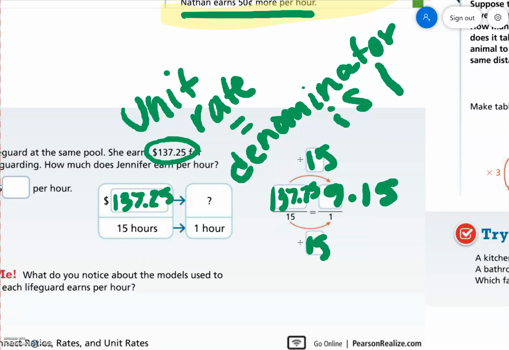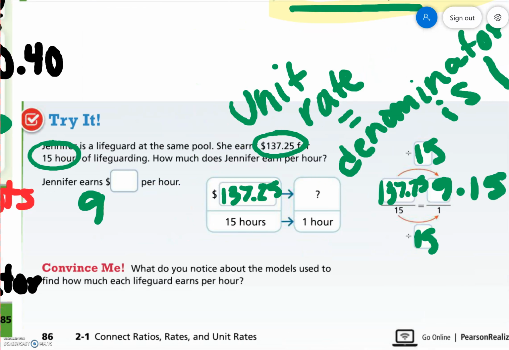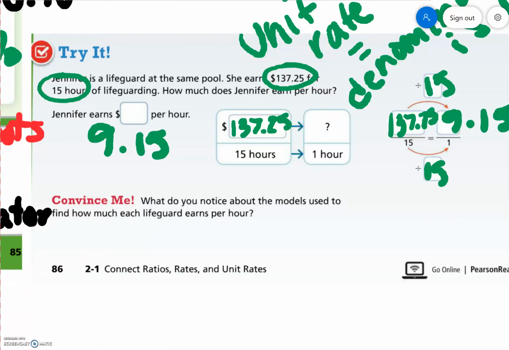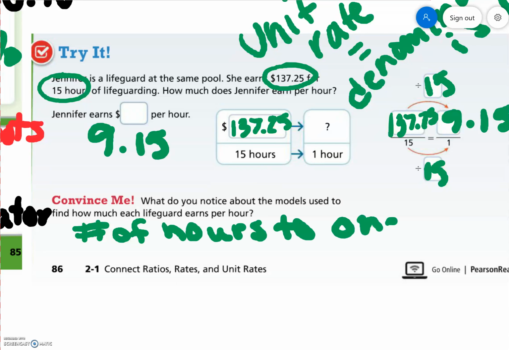So that means she makes $9.15 per hour. What do you notice about the models used to find how much each lifeguard earns per hour? Well, the models always go from the number of hours to 1 hour.